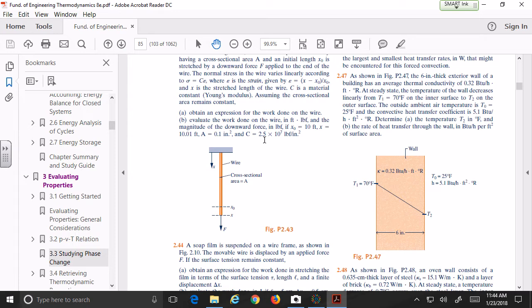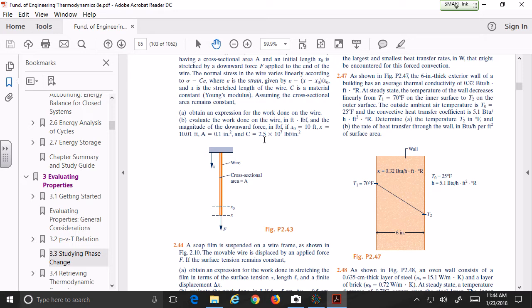The outside air temperature will be 25 degrees Fahrenheit, and the coefficient of convection is 5.1 BTUs per hour foot square Rankine.